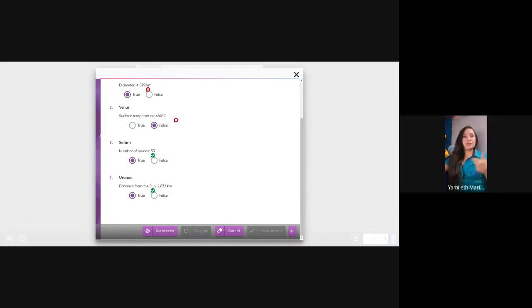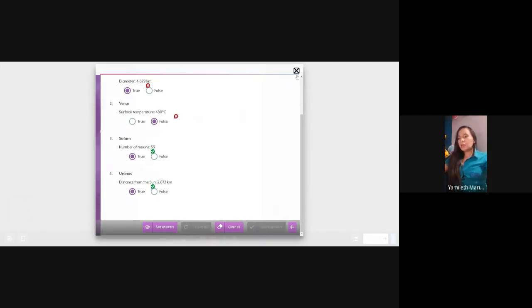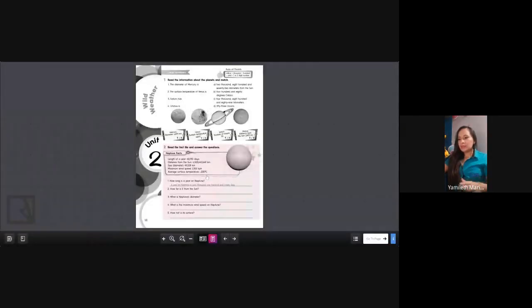Saturn, number of moons, 53. Uranus, distance from the sun, 2,872 kilometers. I'm going to close this, and we are going to continue with this information.